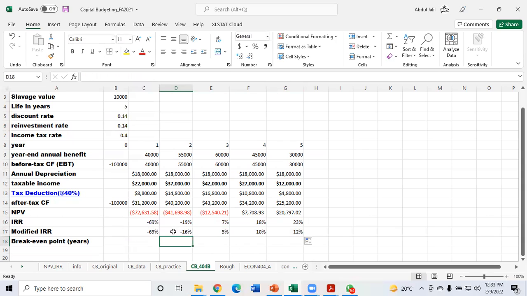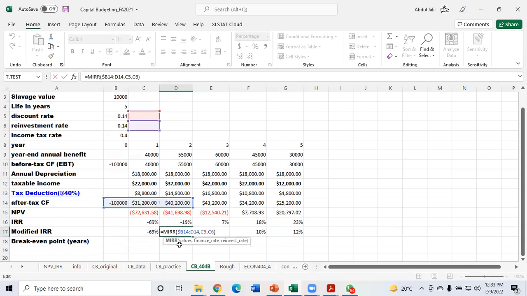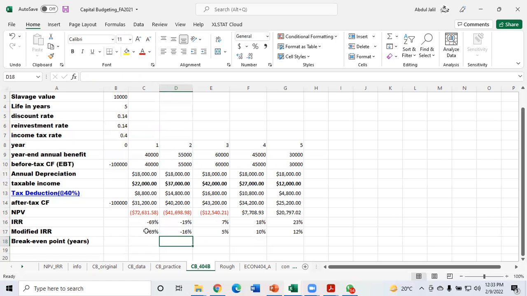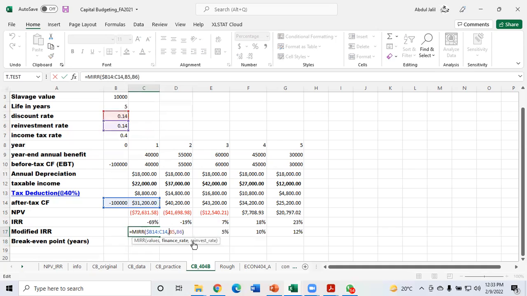So this leads to change the situation, right? So whenever you are going to use that, actually you have to get the same result, because we need to fix F4 and this B6, because the discount and reinvestment rates need to be fixed.